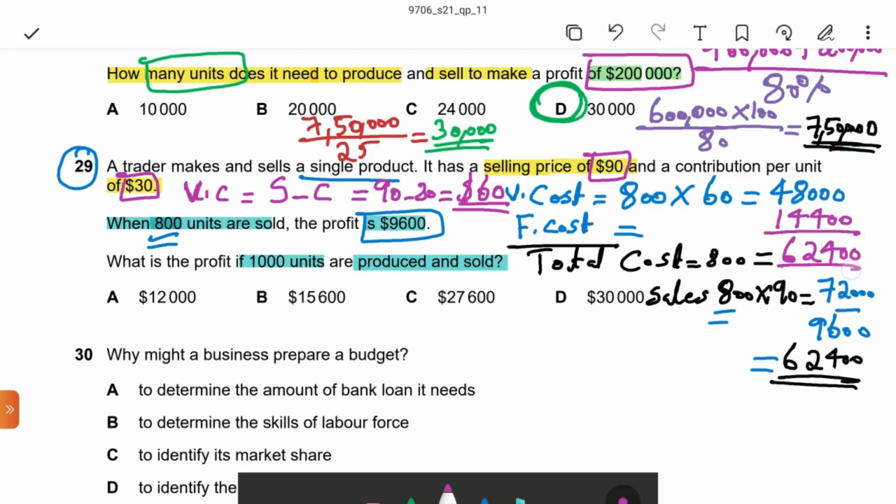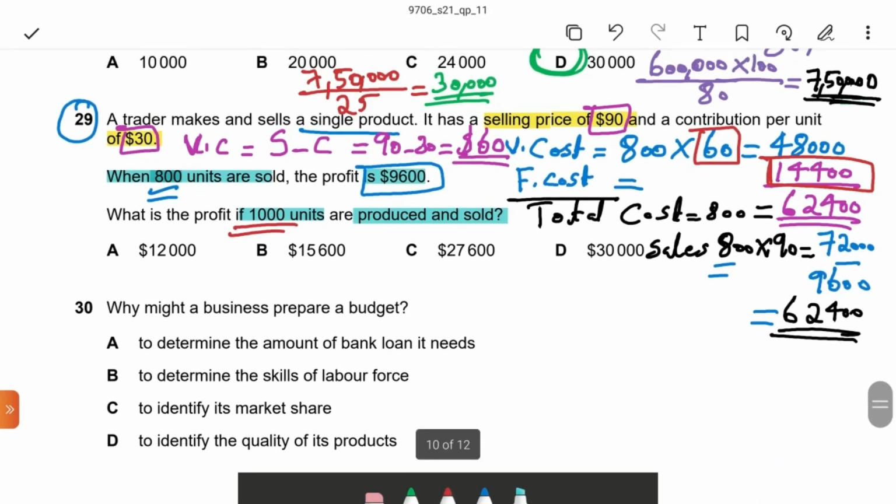Now we know to produce 800 units, the variable cost is 60 and the fixed cost is 14,400. Now we know how to find the profit of 1000 units. We have to just apply it in the equation.